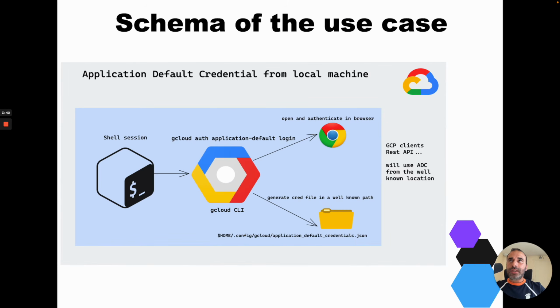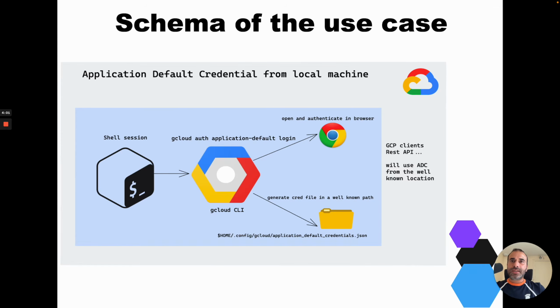Here you can see the schema of this use case. We will use a local shell session, and we will, for example, launch an Apache Beam and Dataflow job from our shell session.